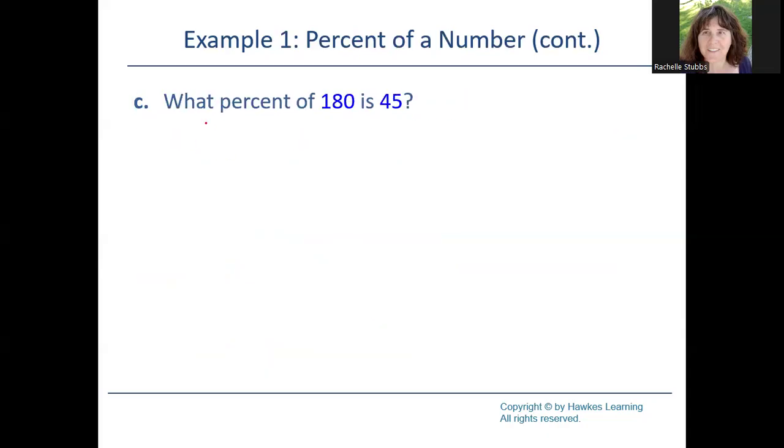So what percent? This time we're looking for something percent of 180 is 45. So what percent of 180 is 45? Well, we're going to divide both sides by 180, aren't we? And we're going to find out that it's 0.25.